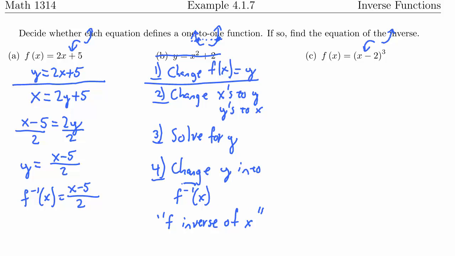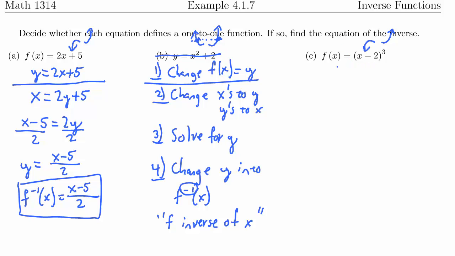In other words, that -1 just means inverse. So the solution here is that f of x equals 2x plus 5 has the inverse function f inverse of x equals x minus 5 all over 2. Because it has an inverse, that means that it is one-to-one.